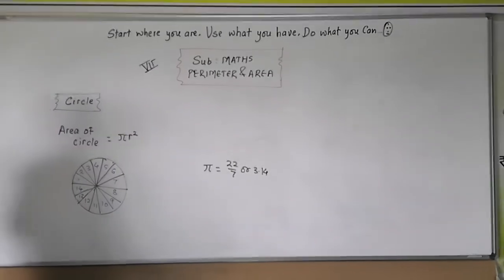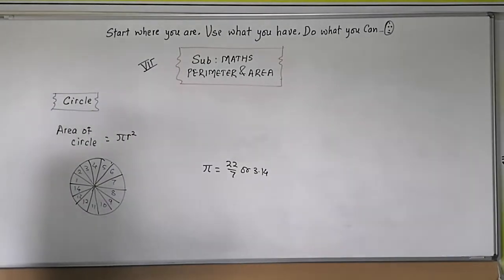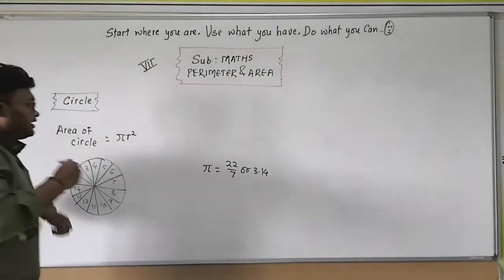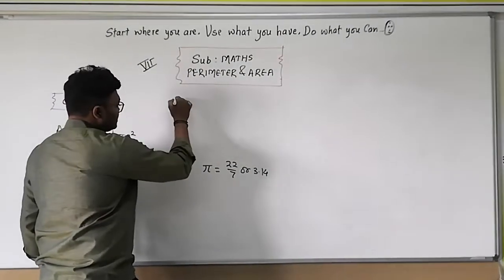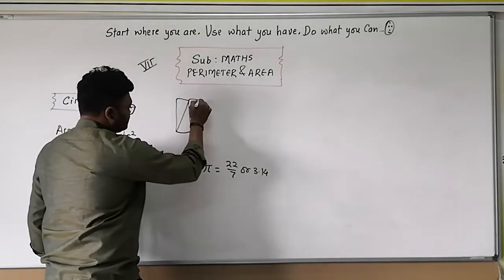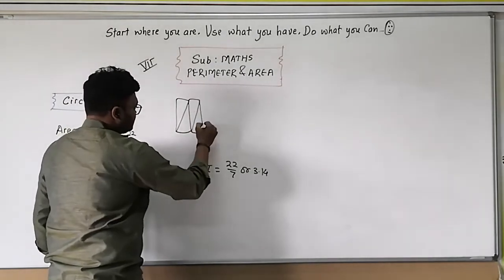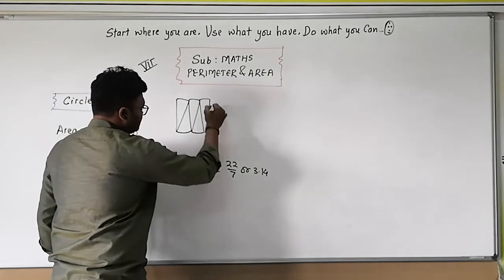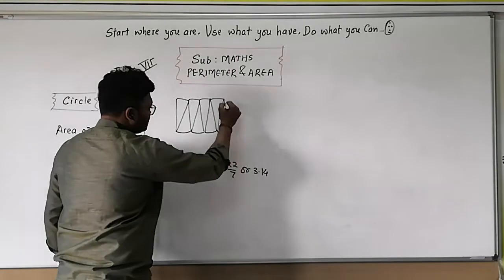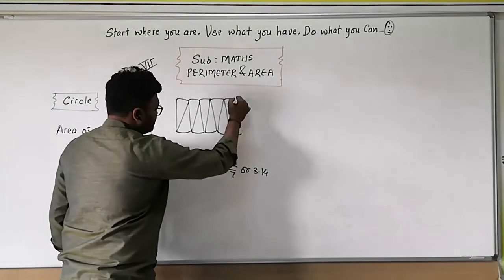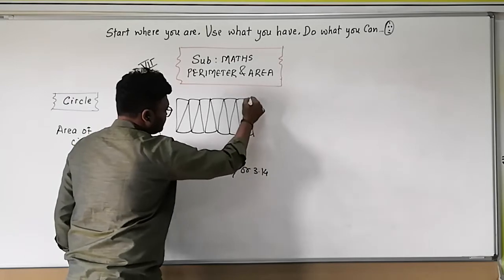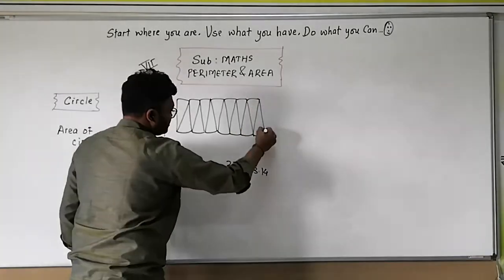Let us consider all these 14 parts are equal. Got it? Now what should I do? I cut those parts and arrange them in this manner. Clear?